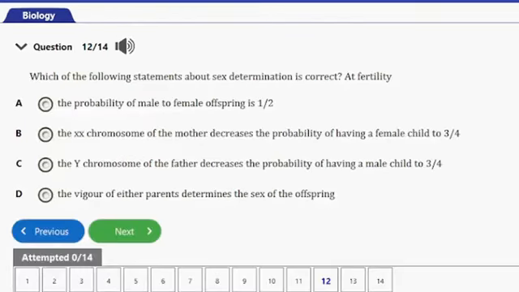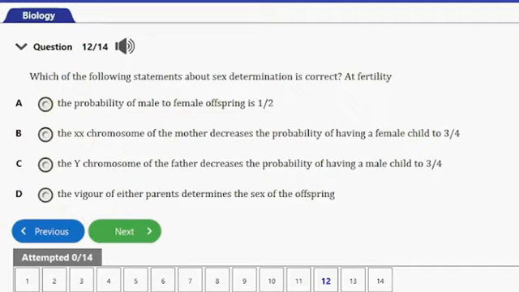So let's consider the next question here. Question number 12. It says, which of the following statements about sex determination is correct? At fertility, A, the probability of male to female offspring is 1/2. B, the XX chromosome of the mother decreases the probability of having a female child to 3/4.